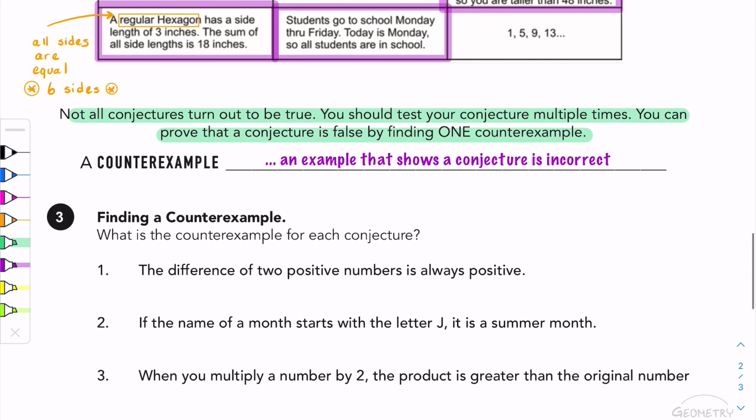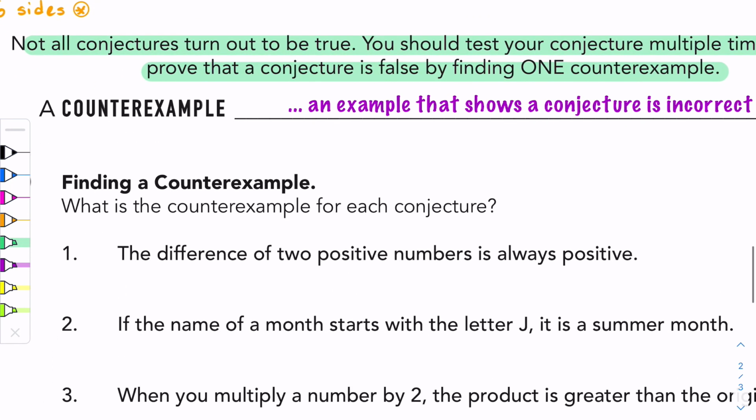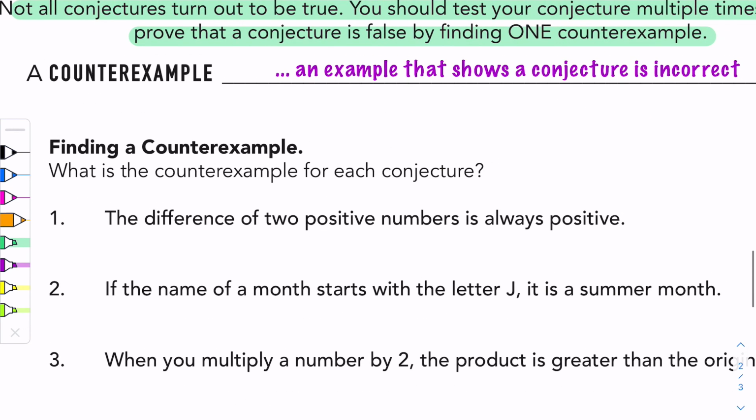If we look at the examples, number 1 says the difference of two positive numbers is always positive. Well, most of the time, you probably can assume that that's going to be true, because if you had something such as 6 minus 3, that's equal to 3. So the difference is still a positive number. That's true. However, what if we switch these two numbers?